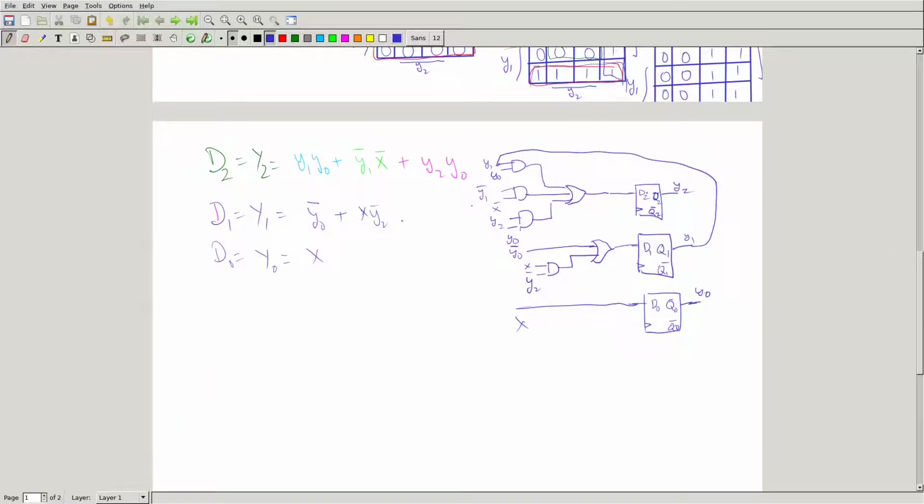So that will give you the state part of the circuit, and then we also have this Z part of the circuit, which is again a K-map. Let's make it using straight lines.